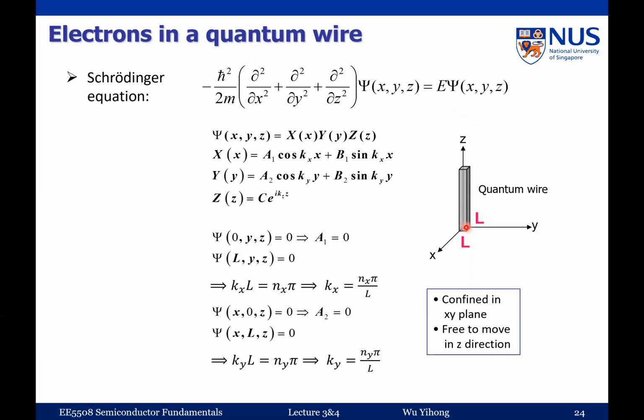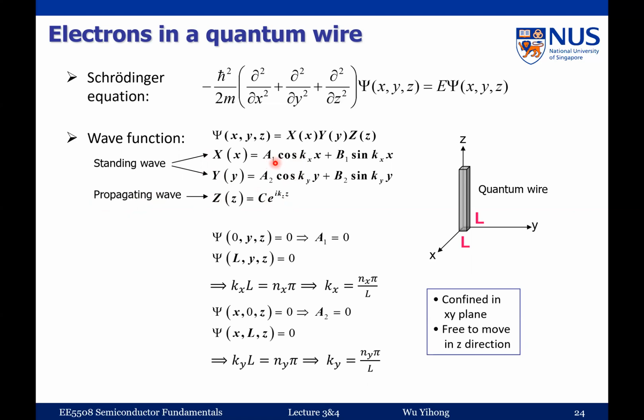This means that the electron can only move inside the wire, and outside the wire the potential barrier is infinitely large, right? So in this case, the electron can only move freely in the Z direction. That's why in the general solution, in the Z direction you have a plane wave, but in the X and Y directions you have a standing wave, okay?